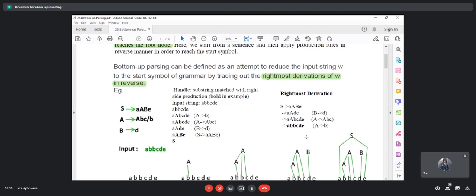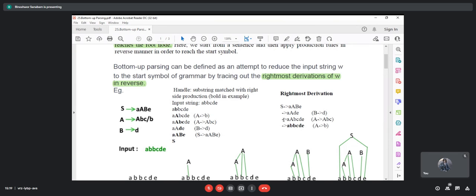If we do this rightmost derivation in reverse way, we get this bottom up parsing. So look here. The last step in your rightmost derivation is our first step in this bottom up parsing.